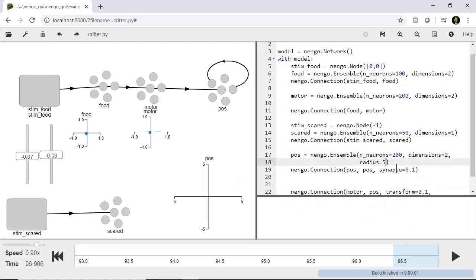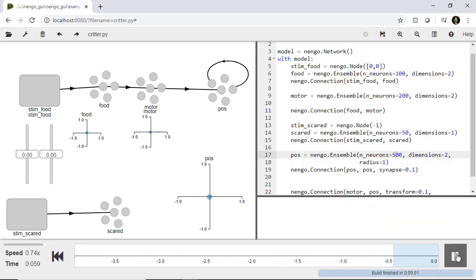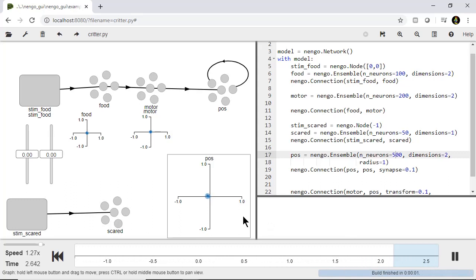Back when we had 200 neurons and a radius of 1, it looked like that. So let's go with 500 neurons and a radius of 1. There we are. That's how accurate it's representing things.